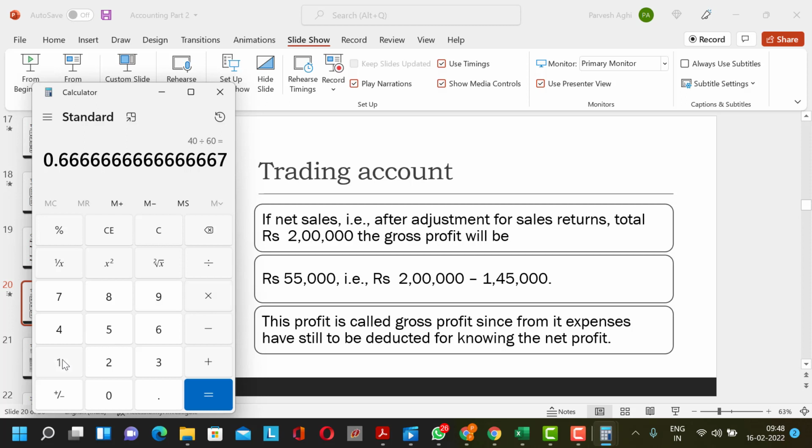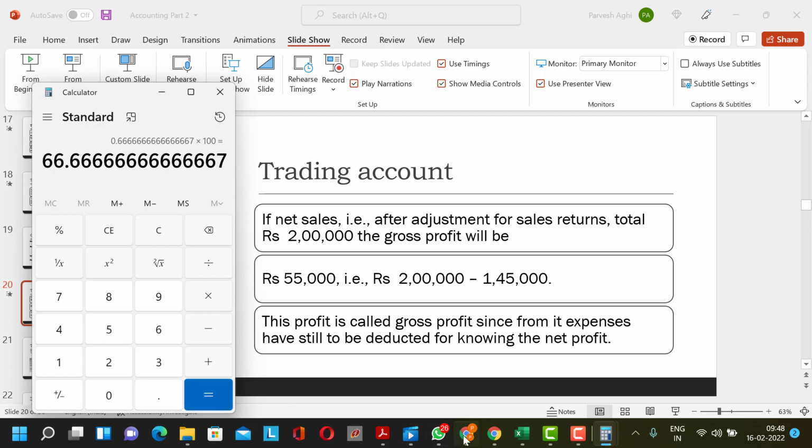Yes, sir. Okay, so your profit is 40 on a cost of 60. So you do 40 divided by 60 and then multiply it by 100 to calculate your margin. So your profit margin is 66.6%.